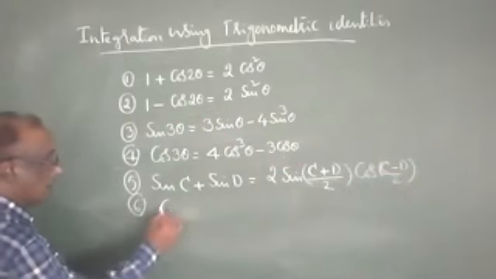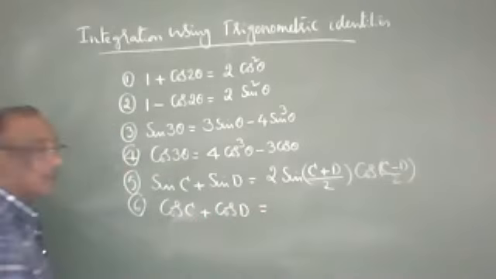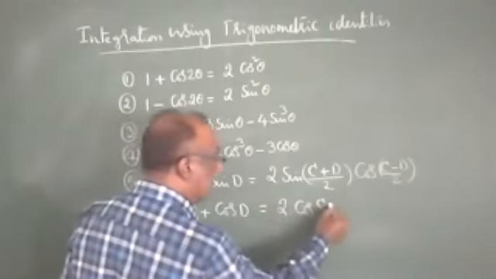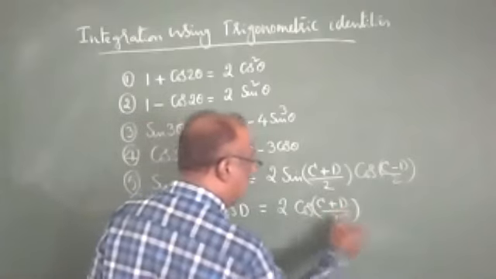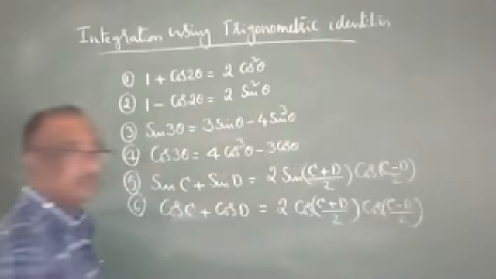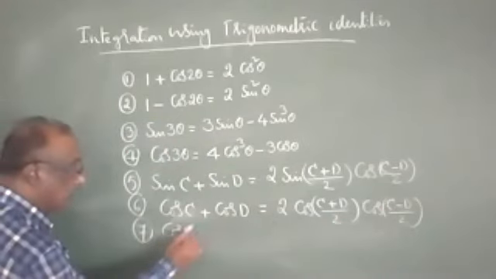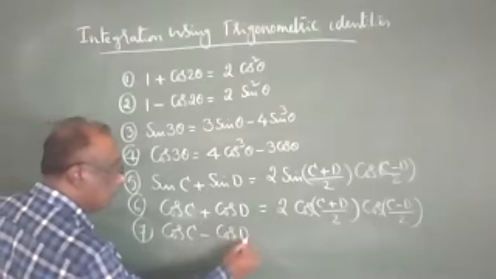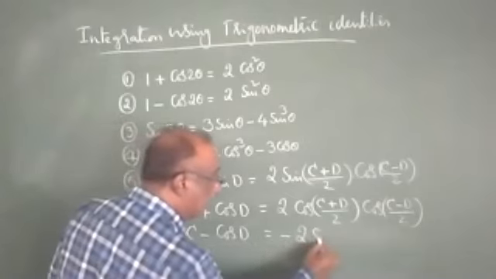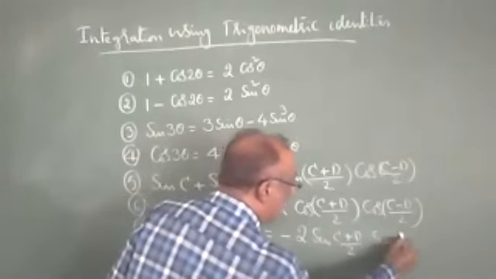The sixth one: cos C plus cos D formula is 2 cos of C plus D by 2 into cos of C minus D by 2. Next, the seventh one: cos C minus cos D formula is minus 2 into sin of C plus D by 2 into sin of C minus D by 2.